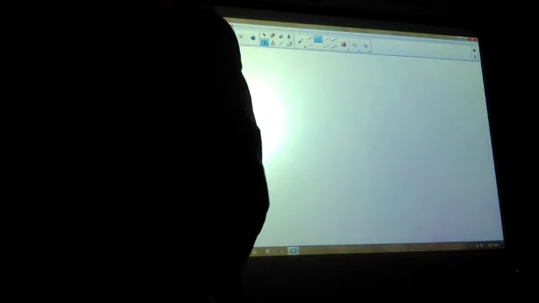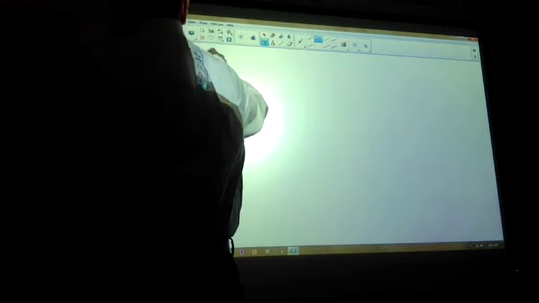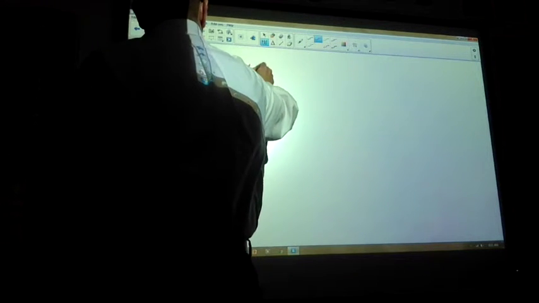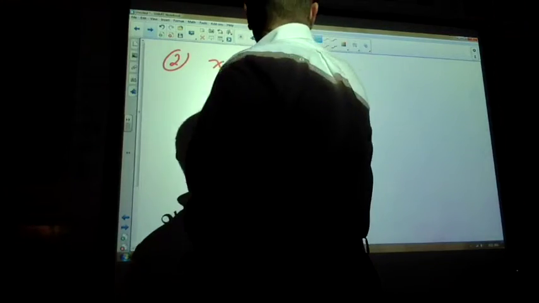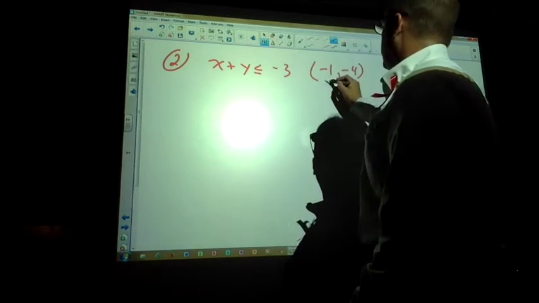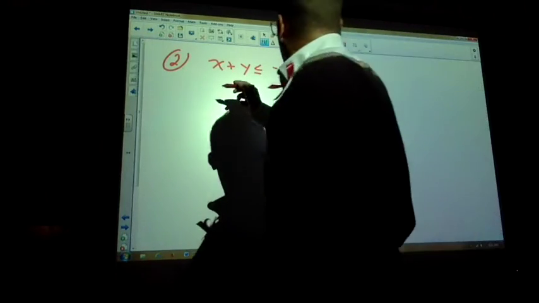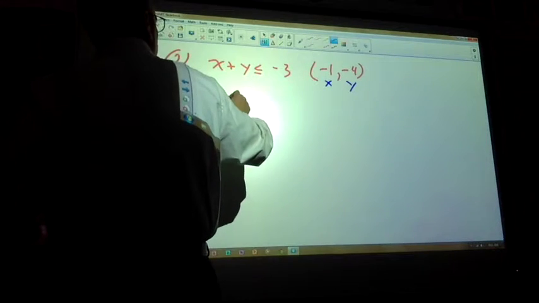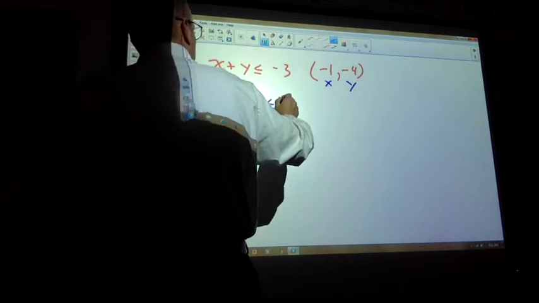Anybody need number 2? X plus y is less than or equal to -3. And they have what? Is it -1, -4? All right, so that's an x, that's a y value. Let's plug them in. -1 plus -4, is that less than or equal to -3?